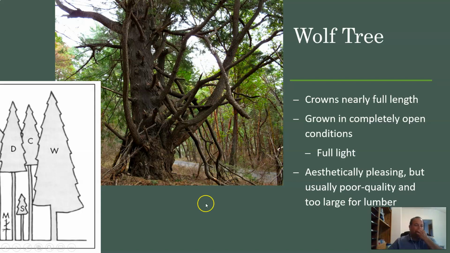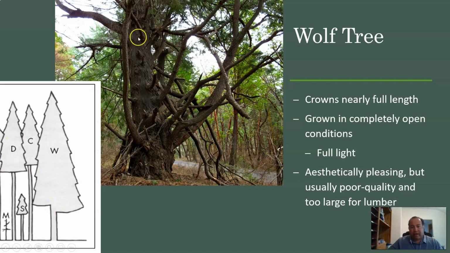These trees end up being aesthetically pleasing or really good for wildlife, but they're very poor if we're trying to actually use the tree in terms of forest production, like if we're trying to get lumber out of it, because we get a nice bole right here where we can cut a lot of logs out of this dominant tree.